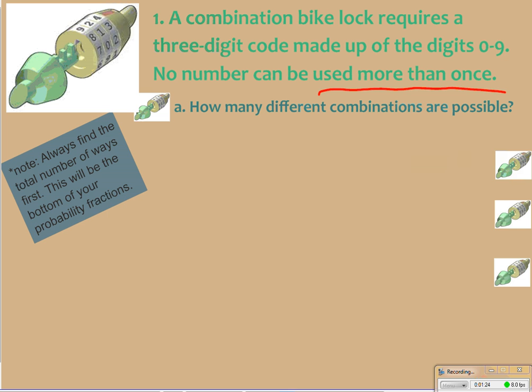So that means order is going to matter, because once 7 gets picked, I can't pick 7 again. So this is going to be 9P3. 9P3 is going to be 504. So there's 504 different combinations.